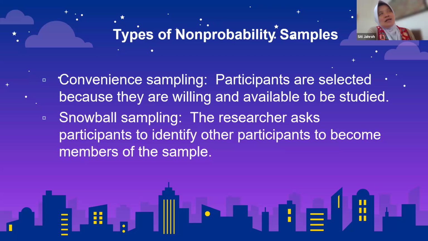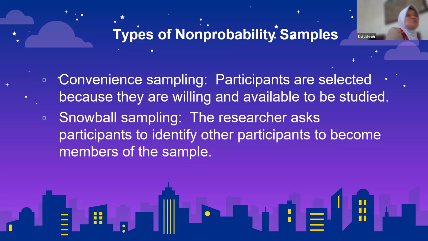And then the second one is snowball sampling, where the researcher asks a participant to identify other participants to become members of the sample. So you ask one, and it keeps turning around, getting bigger and bigger.